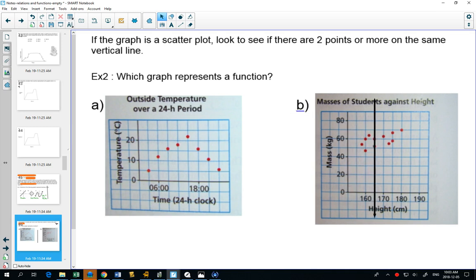Yes, right there. I would hit more than one point. So this one is not a function. They are both still relations. Anytime you can do anything that connects two things together, it makes a relation.